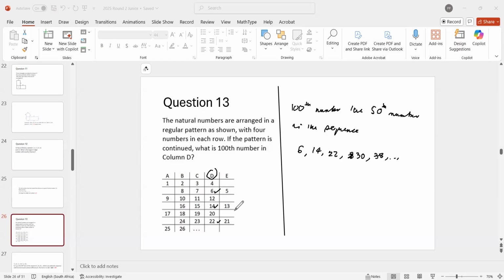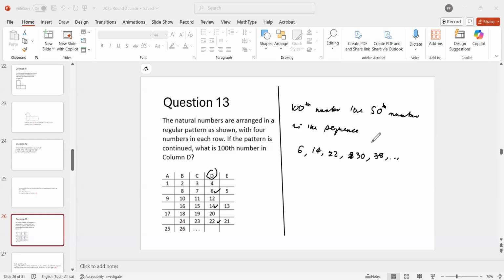So it will have to be a number in the 100th row or the 50th row. All right. So you're jumping 2 rows at a time. Okay. And that'll come to 100.